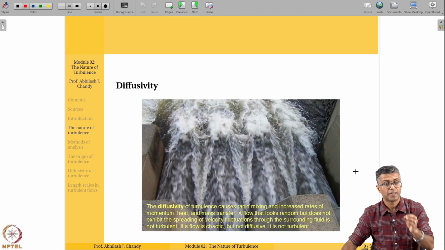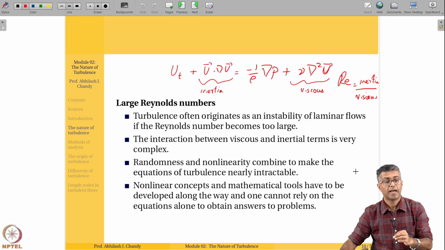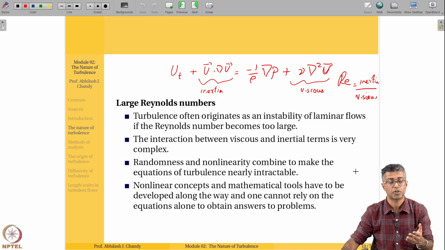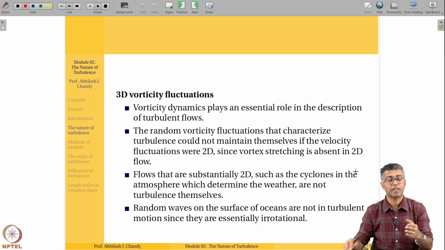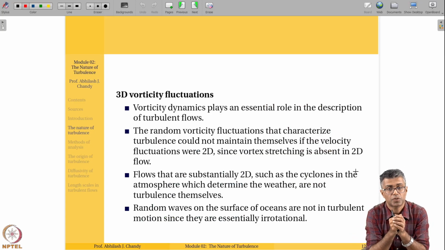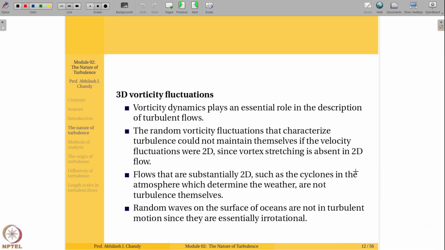Then diffusivity, the single most important attribute of turbulence. And the large Reynolds numbers, the interaction between inertia and viscous terms. And then finally, the 3D vorticity fluctuations. So those were the four attributes that we have discussed in this particular class. We'll discuss more attributes in the next class. Thank you.